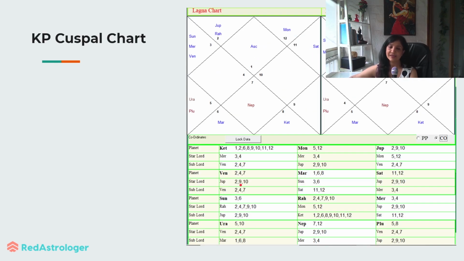Now in this chart, the 7th house cuspal sublord is Ketu. So how to analyze Ketu? Ketu is a self-significator and it involves the 2nd house and 11th house. And since it's the 7th house cuspal sublord, the 7th will be included here.